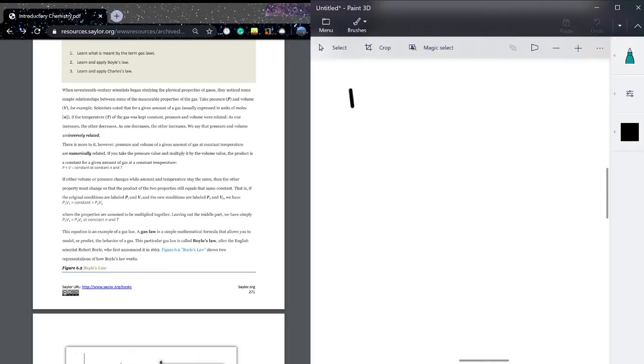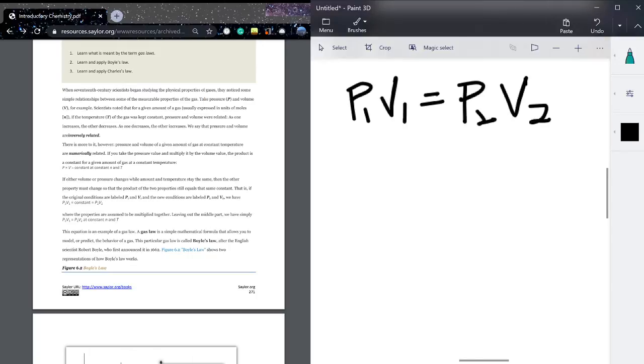Basically it states that P1 times V1 is equal to P2 times V2. It's saying that with all other things kept constant, so we talked about the four main attributes of gas: pressure, volume, moles, and temperature.